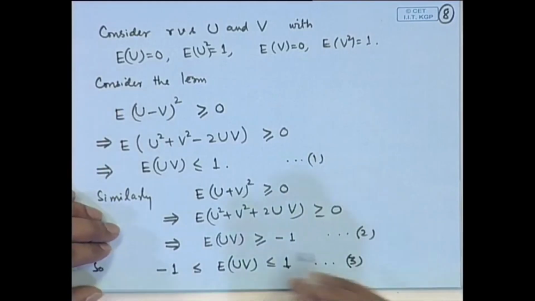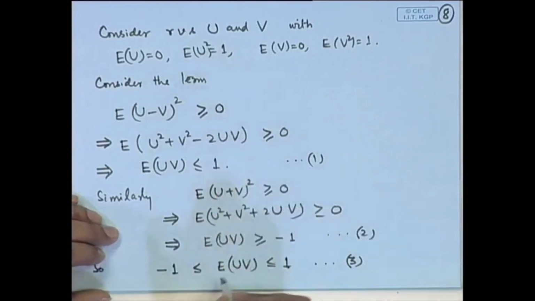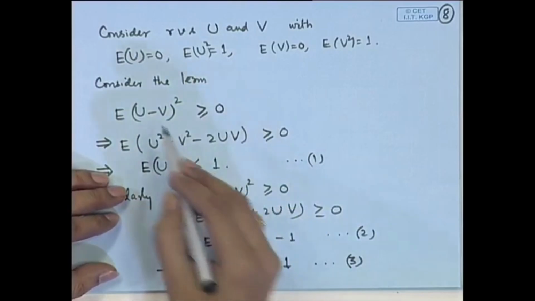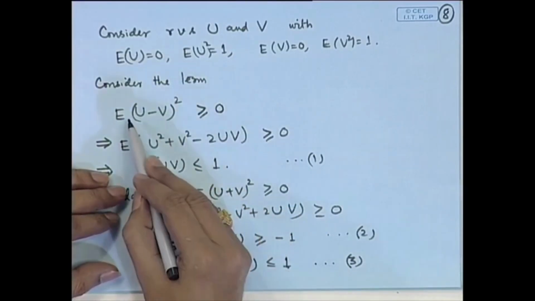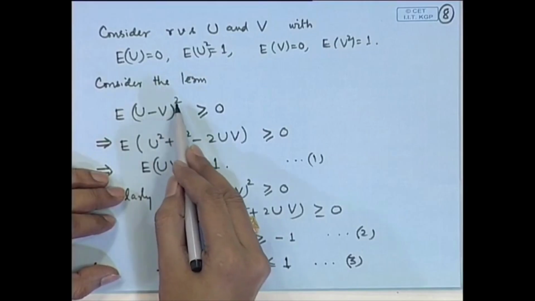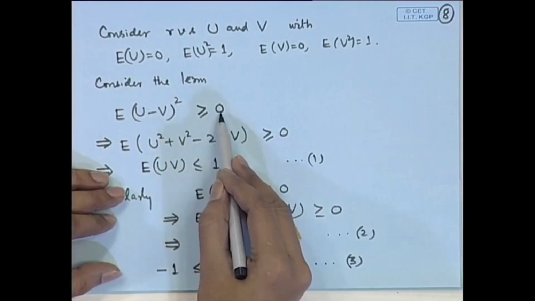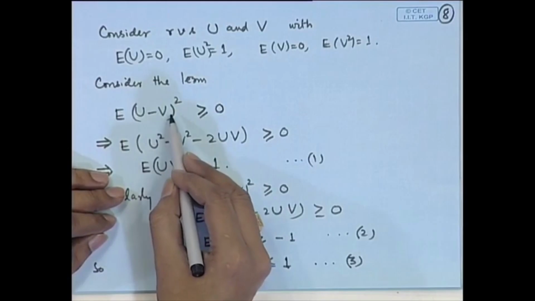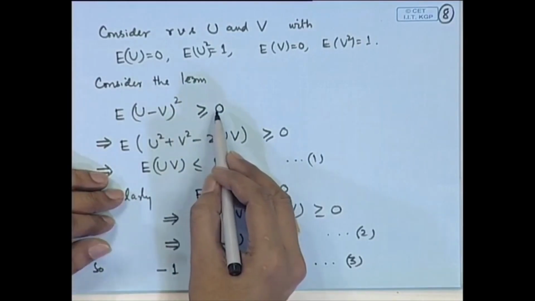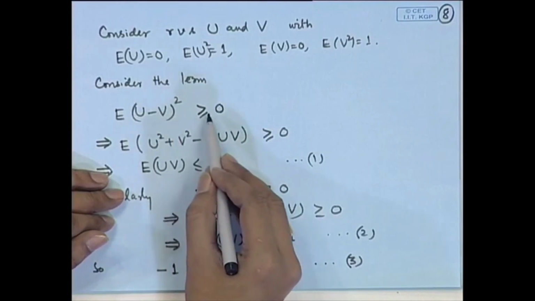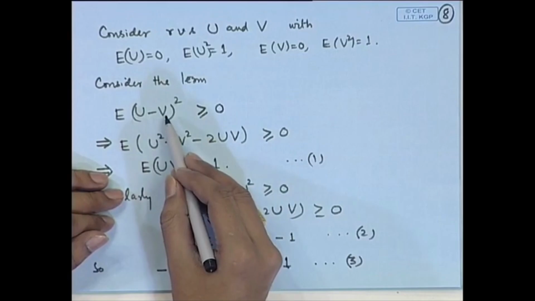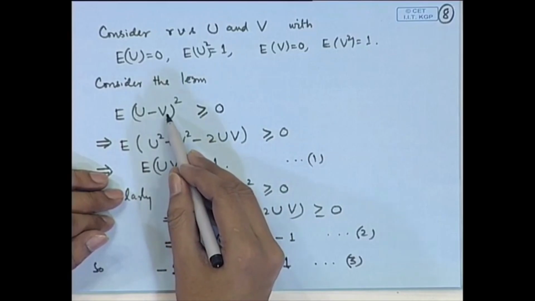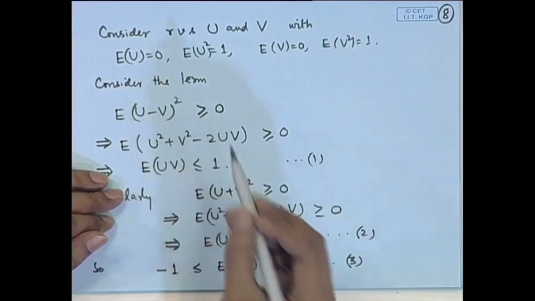Now, we can consider when the equality will be attained. So, here equality at 1 will be attained when expectation of (U minus V) whole square is equal to 0. Now, expectation of a non-negative random variable is 0 if and only if the random variable itself is 0. That means U must be equal to V with probability 1.